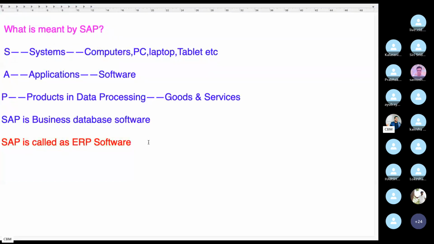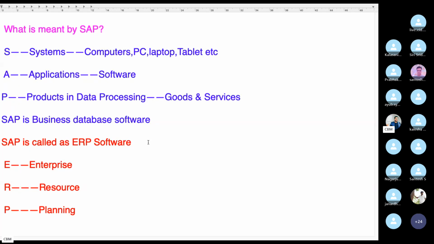So ERP means enterprise resource planning. Okay, fine. E means enterprise, R means resource, P means planning. So ERP stands for enterprise resource planning.